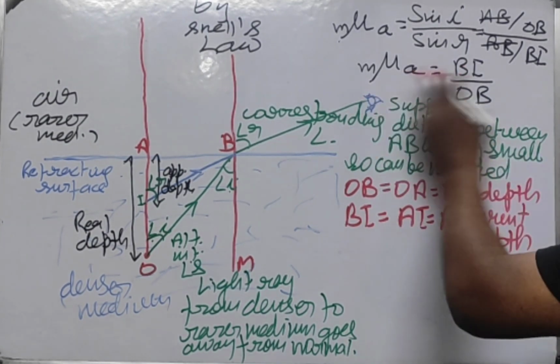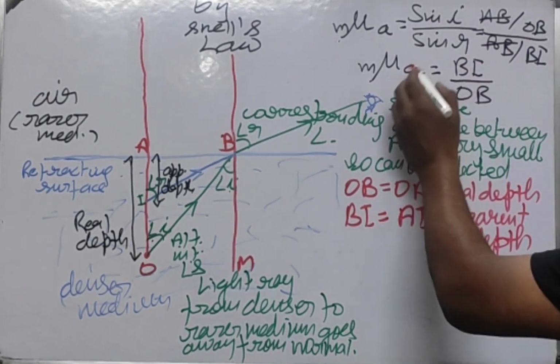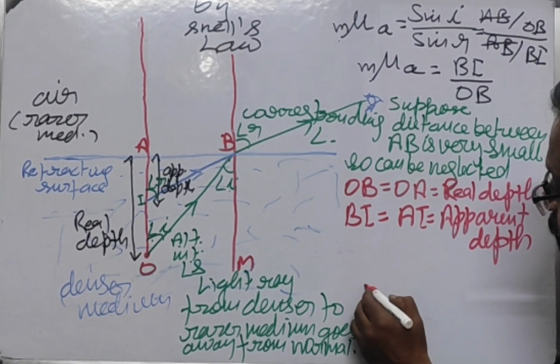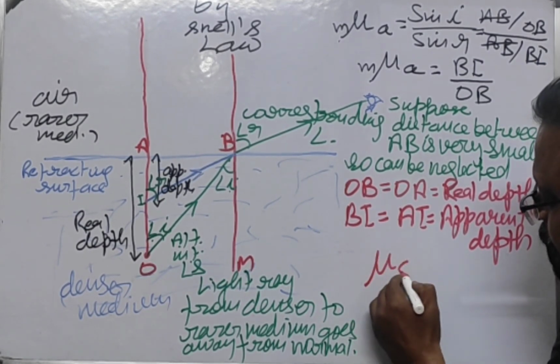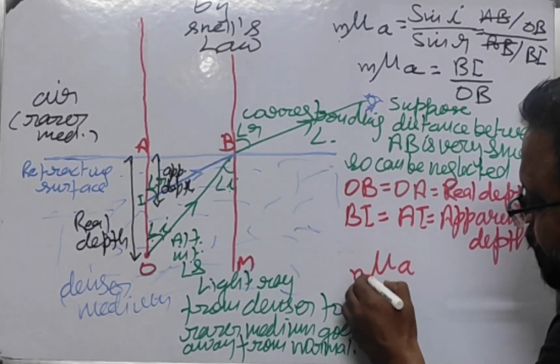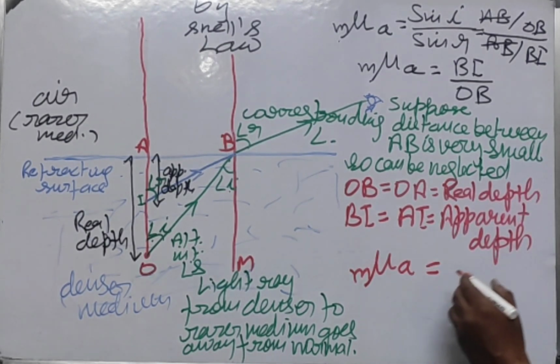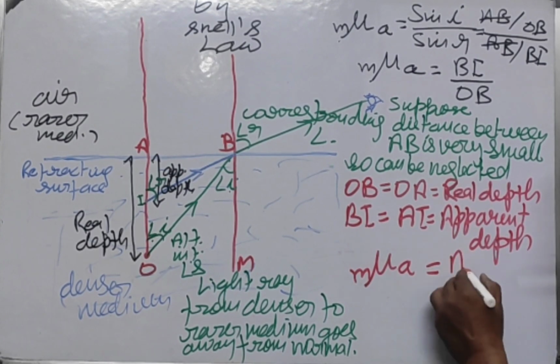So when you put these values in this, you get refractive index of air with reference to material is equal to AI upon OA.